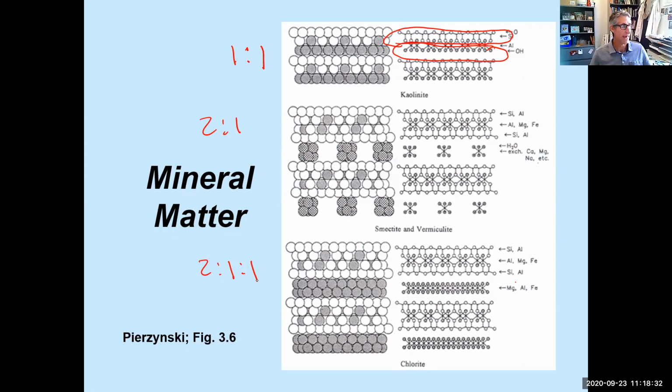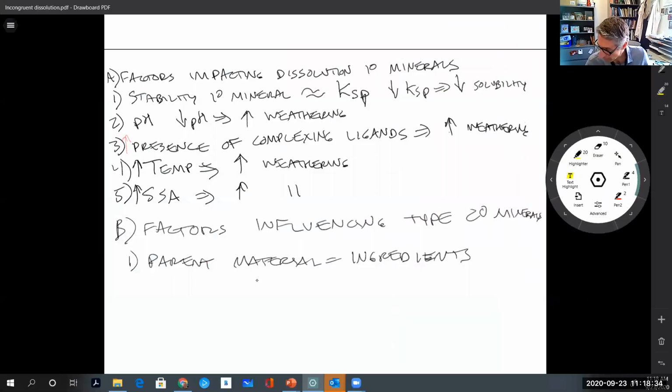Okay, so the next factor is climate, right? And climate plays a huge role on the types of minerals that are going to form. That is to say, the types of primary minerals that are then going to weather into secondary minerals. And of course, climate, we can relate that to wind, temperature, and rainfall. And we're just going to mostly talk about it in terms of temperature and rainfall.